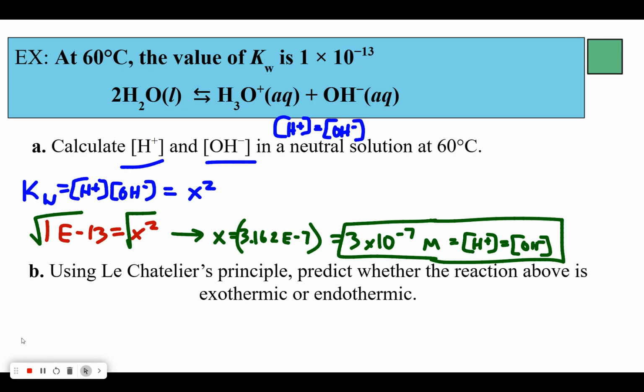So now using this idea and just bringing back a little bit of equilibrium, keeping those skills sharp, and Le Chatelier's principle, predict whether the reaction above, this autoionization of water we've been talking about, is exothermic or endothermic. And we have to do this by comparing the K value that we've got here at 60 degrees Celsius to the K value that we have on our equation sheet, 1 times 10 to the negative 14th at 25 degrees Celsius.